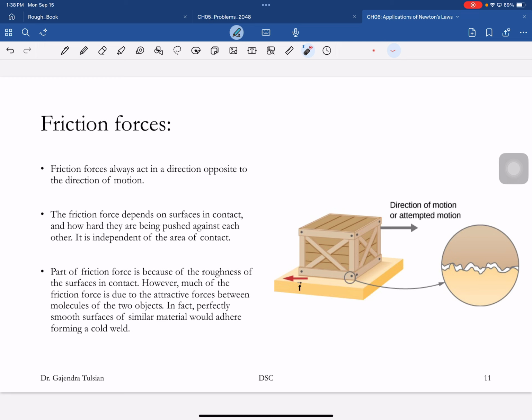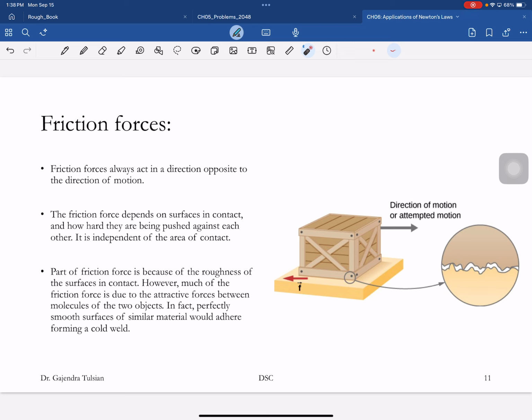You burn gasoline, you generate heat, and you try to convert that into motion of your car. Only about 20% of that is converted to motion. Yeah. So heat is the worst form of energy. All right, so friction forces are dissipative forces.